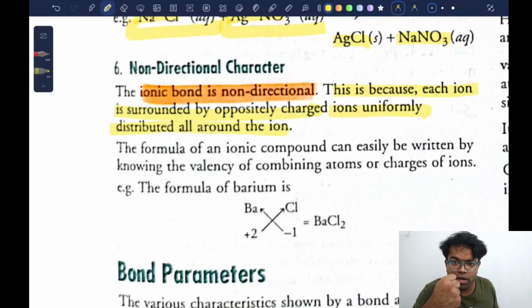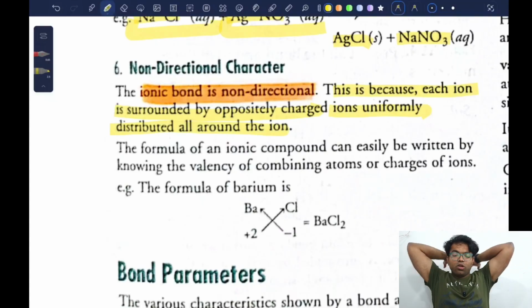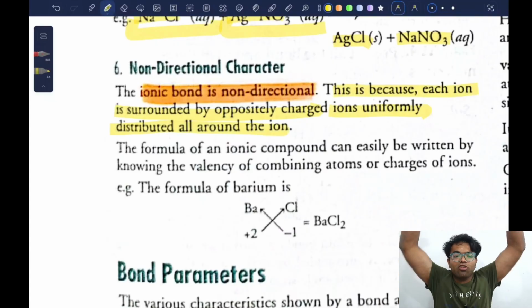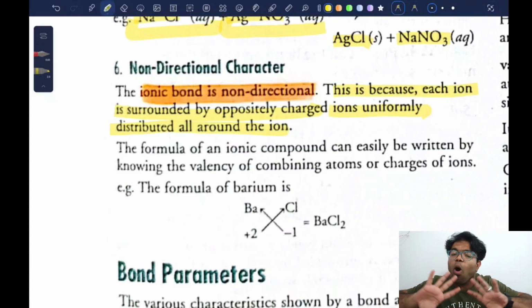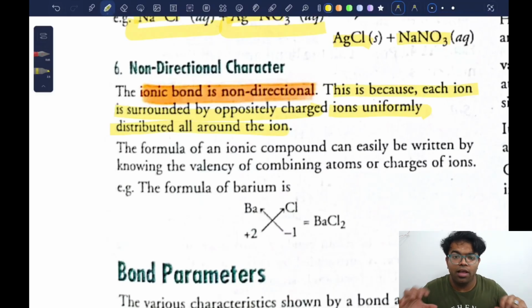The pull that this chlorine provides this sodium will be the same as this chlorine providing this sodium. Similarly, at the top and bottom. So all the pull cancels each other out. One sodium surrounded by 6 chlorine atoms basically destroys the directionality altogether. That is the reason why ionic compounds are non-directional in nature.